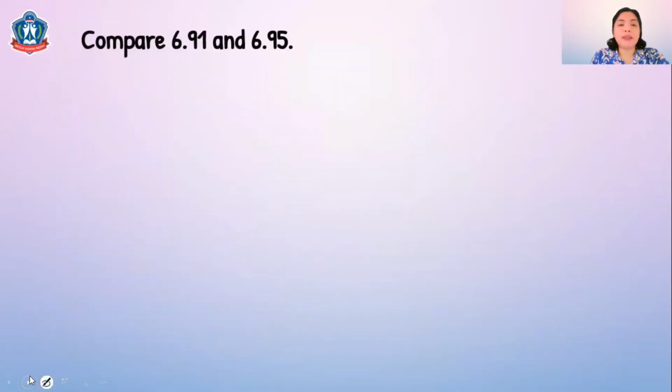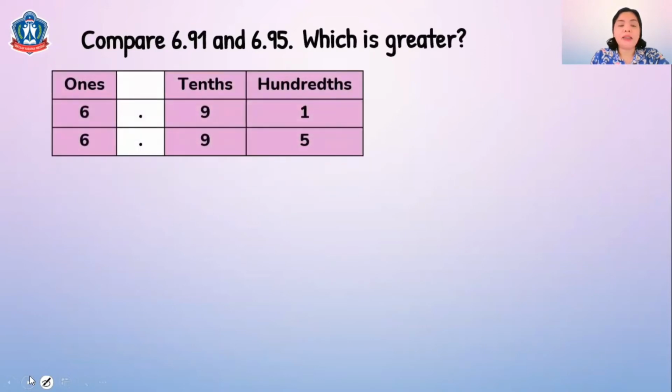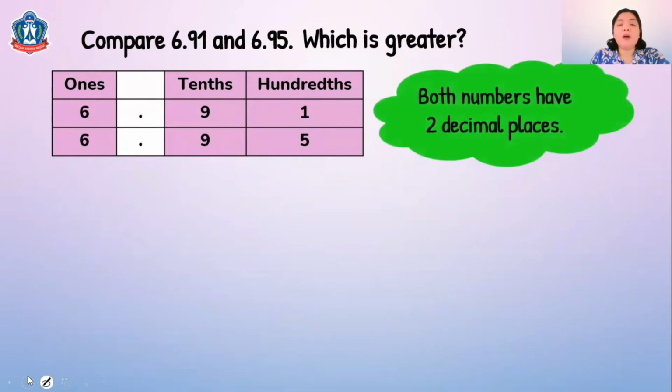Another. Let's compare 6.91 and 6.95. Which is greater? So if we put them in a place value chart, it will look like this. Now, both of these numbers have 2 decimal places, meaning there are 2 digits right after the decimal point, right?